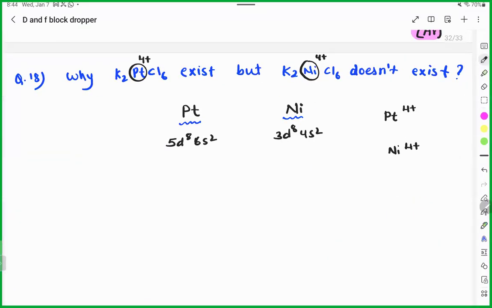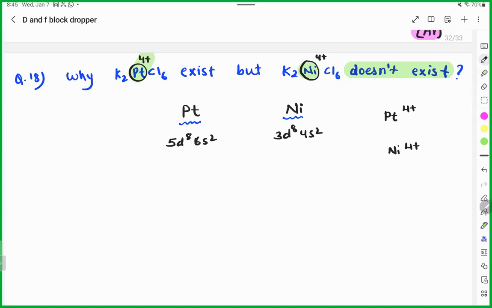So guys, we want to show which one is more stable. Is nickel 4 positive more stable or platinum 4 positive more stable? Logically, when we said this does not exist, the simplest meaning is nickel 4 positive does not exist. So nickel 4 positive is not stable. But platinum can show +4 oxidation state. Correct?